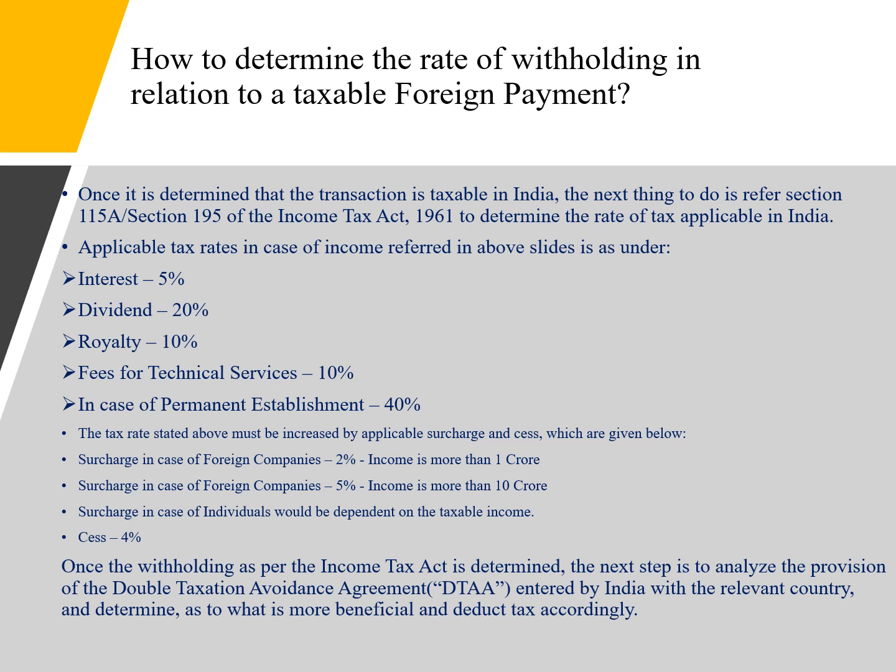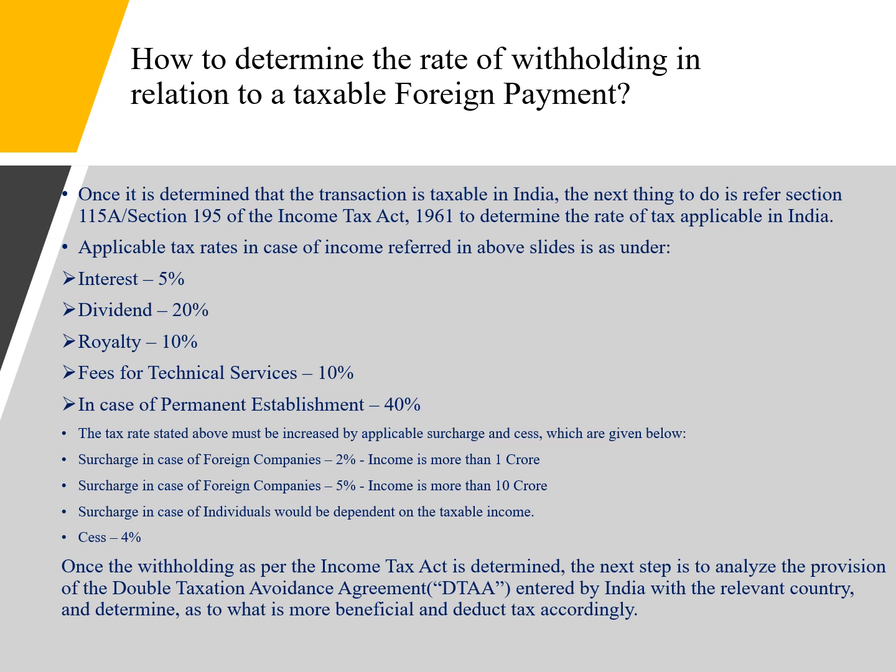Applicable tax rate in case of income referred above is: interest at the rate of 5%, dividend at the rate of 20%, royalty at the rate of 10%, fee for technical services at the rate of 10%, and in case of permanent establishment, it means if I have a branch in India, then 40%. These rates will be subject to surcharge and education cess, which are given below.